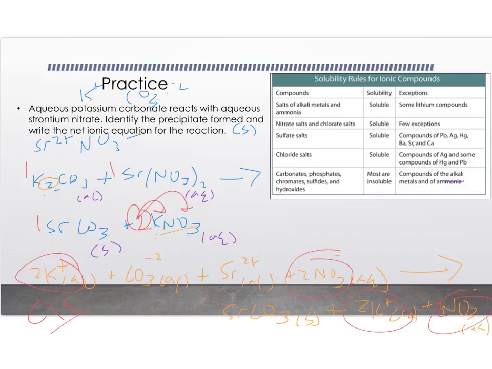That means we are going to cancel out all spectator ions. So the Ks and the NO3s will be canceled out because they are not involved in that reaction, and everything left, that is going to be considered our net ionic equation.